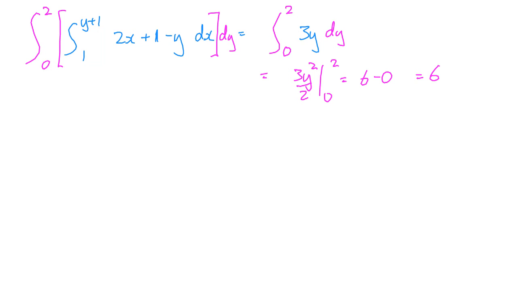So 6. This thing on the left is what's known as an iterated integral. It's basically two integrals, one after the other, but with respect to different things. Iterated integrals basically only really exist in any meaningful way when they're definite.